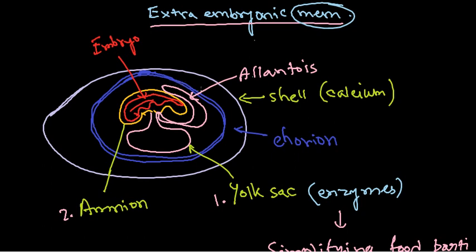And the function is to deliver calcium and all this from the shell, right? So we have talked about this and this, so all of them, yolk sac, amnion, allantois and chorion, are the major membranes found in the developing egg of chicken.